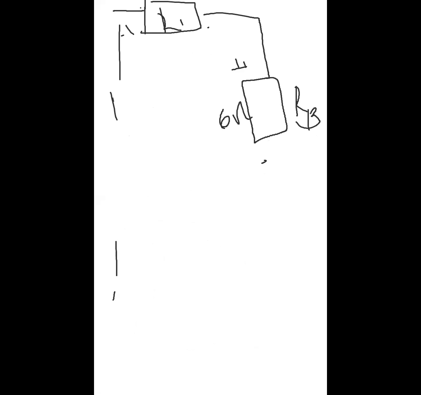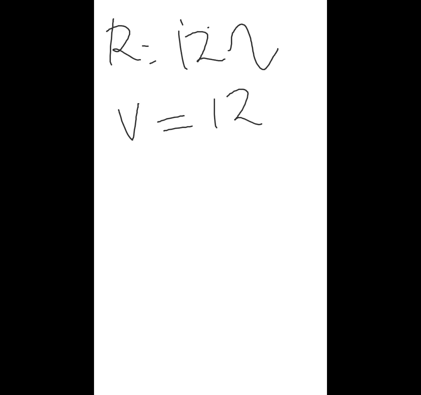Please, what is going to be the current? Now that we know that resistance is 12, voltage is 12. R is 12 ohms. Voltage is 12 volts.